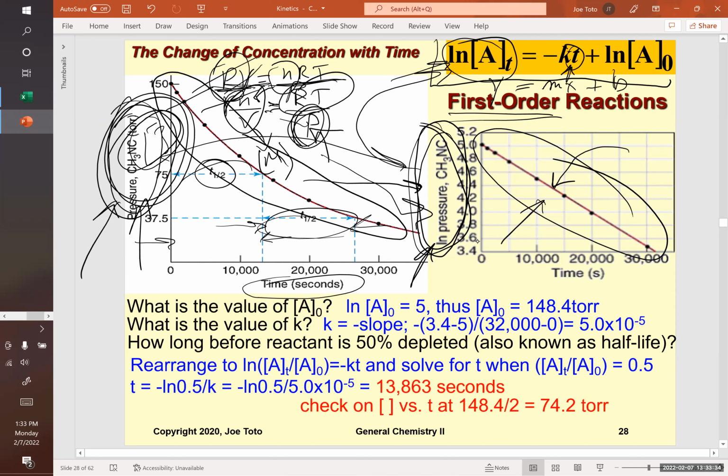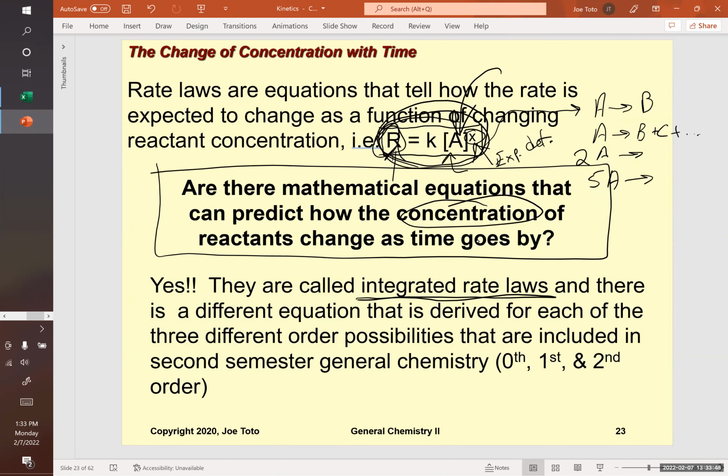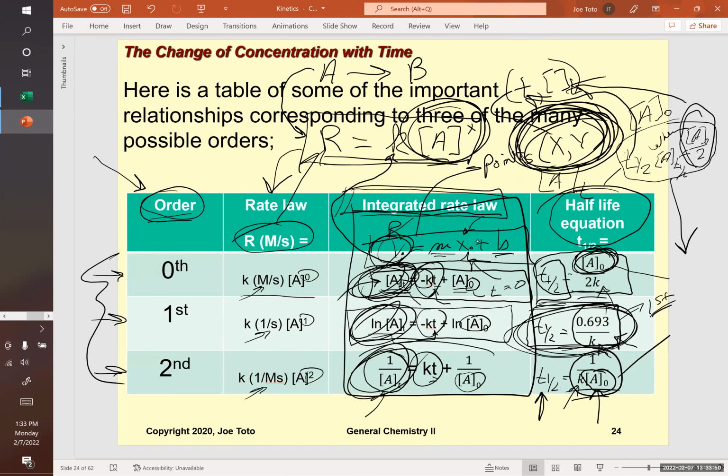One over the concentration. Yeah, so for second order, to get a straight line, it would be 1 over the concentration, because that's what the integrated rate law for second order says the relationship should be, right? I have to plot 1 over the concentration versus time, and this is my y, and this is my x.